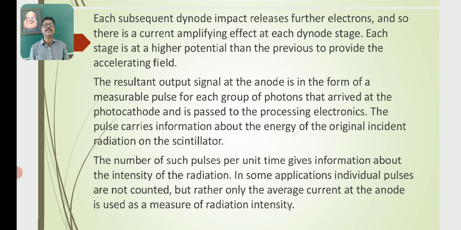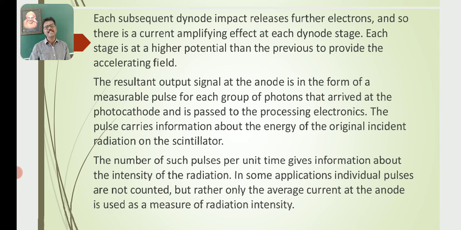Each subsequent dynode impact releases further electrons, and so there is a current amplifying effect at each dynode stage. Each stage is at a higher potential than the previous to provide the accelerating field.